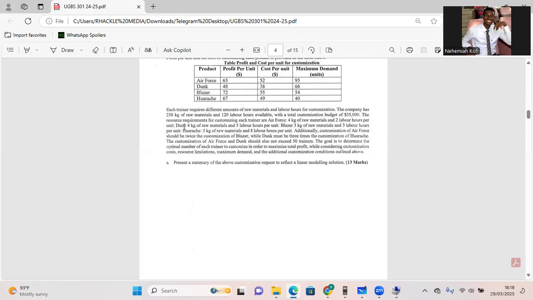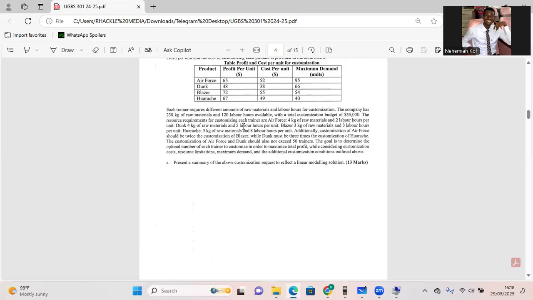Each trainer requires different amounts of raw materials and labor hours for customization. The company has 238 kilograms of raw materials and 120 hours available with a total customization budget of 55,000.